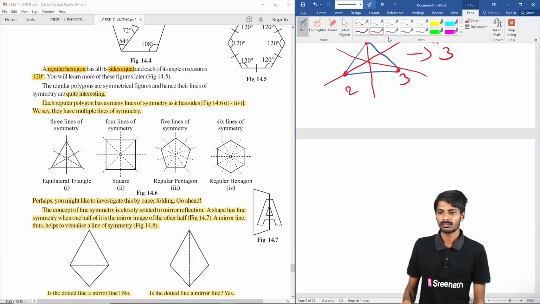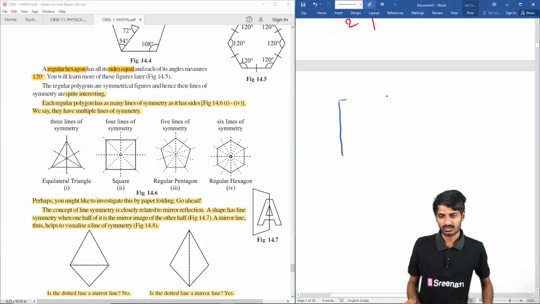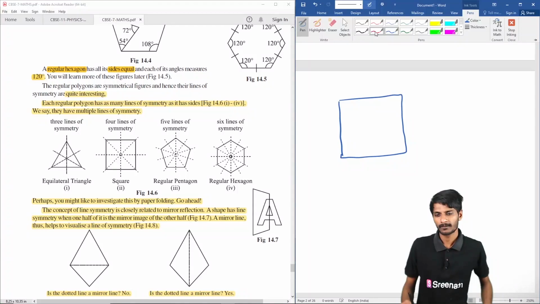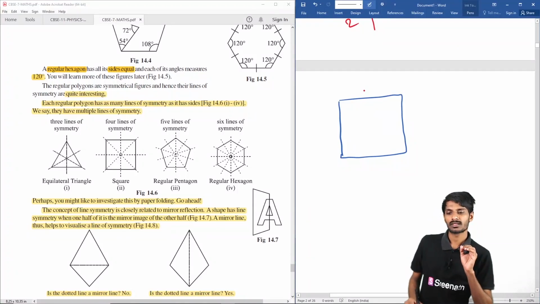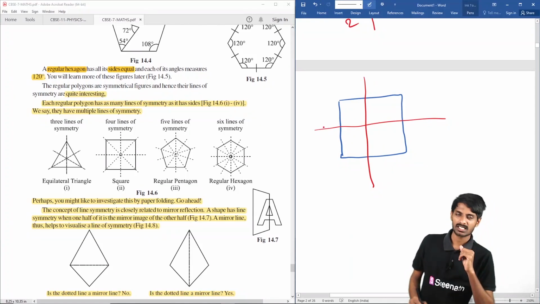Next, what about the square? If you draw the square, it is like that. If you draw a horizontal line, and a vertical line, around these 2 it is having a symmetry. And if you draw like this, it is having a symmetry.